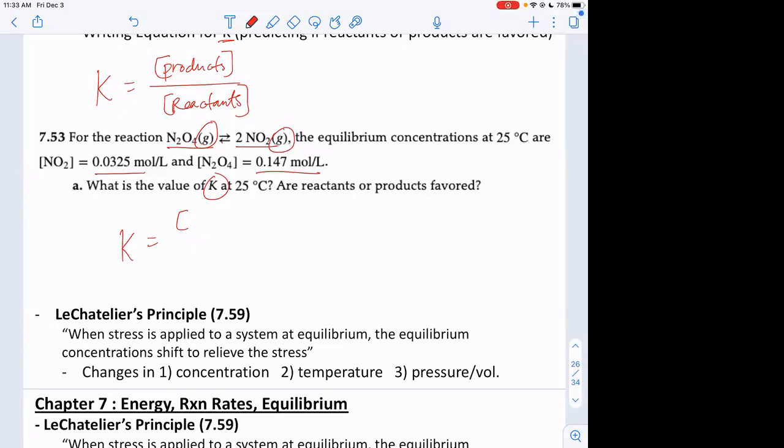So we'd say the concentration of NO2 squared, since we've got a coefficient of 2, and on the bottom we'd have N2O4. We just plug their concentrations in, so that's going to be equal to 0.0325 squared over 0.147. Then we calculate K. Anybody want to do that real quick?